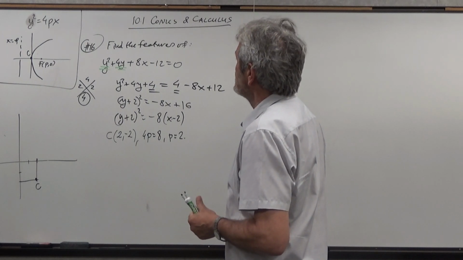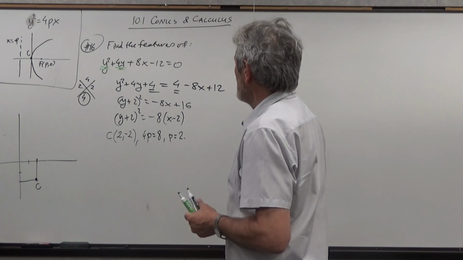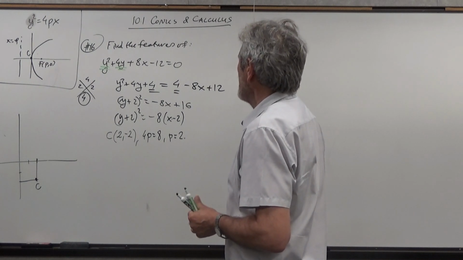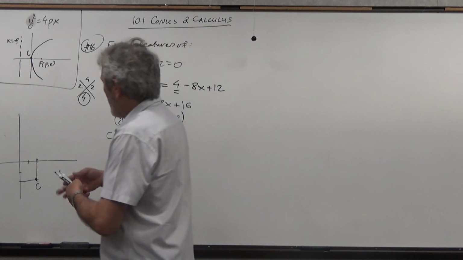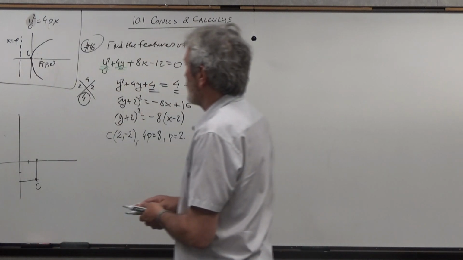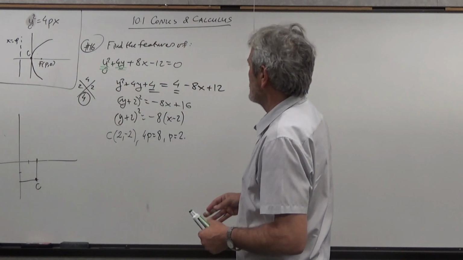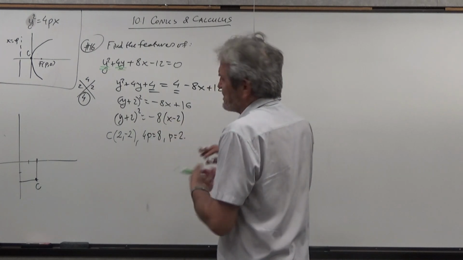So I know that it will look like this. It will go to the left. I'm not sure how much open it is. So generally what we can do, I can put x to be 0 and solve here, if you need it.